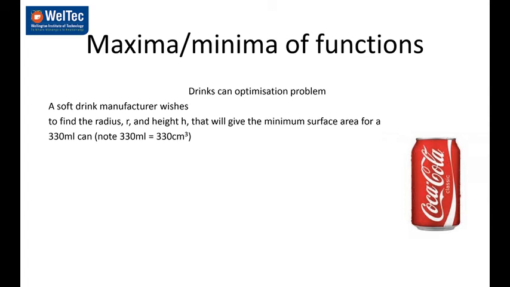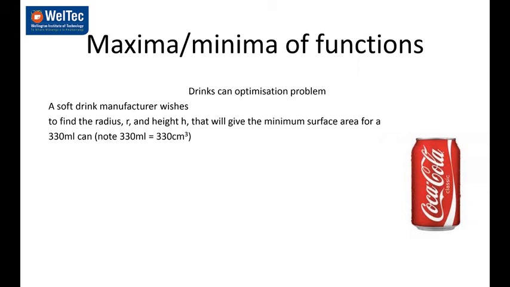This is a practical example of the earlier question where we had the cylinder had a volume of 200. So you can complete this one by just changing 200 to 330 and working it out. Now what you find is that the dimensions, as we did in the earlier one, are really weird.